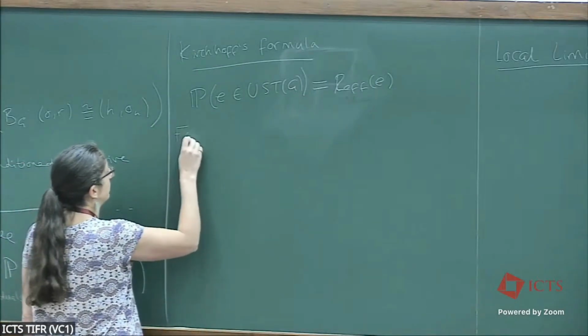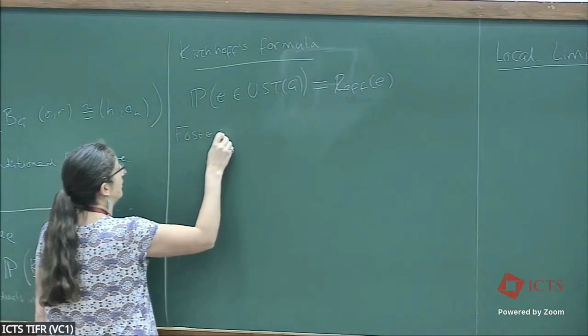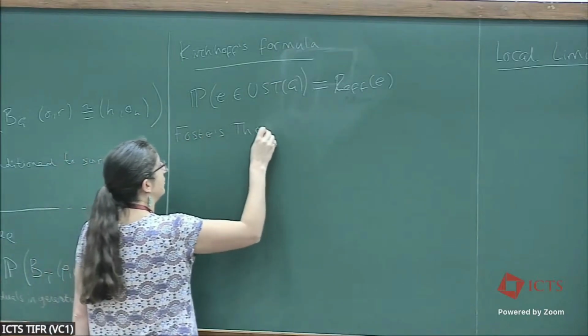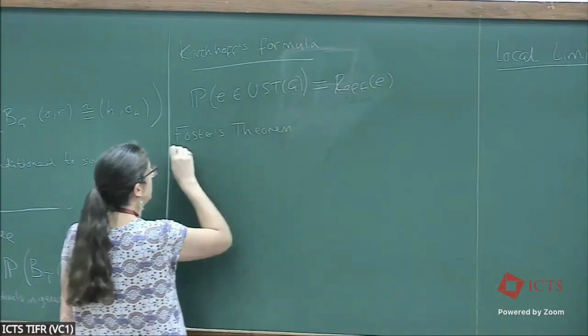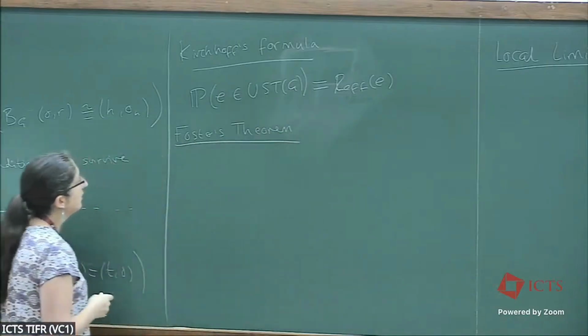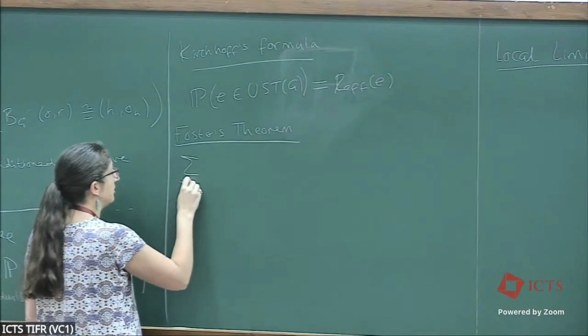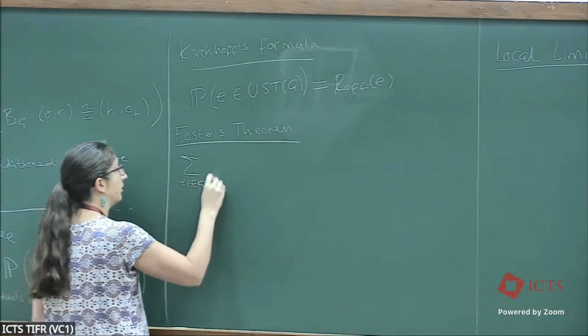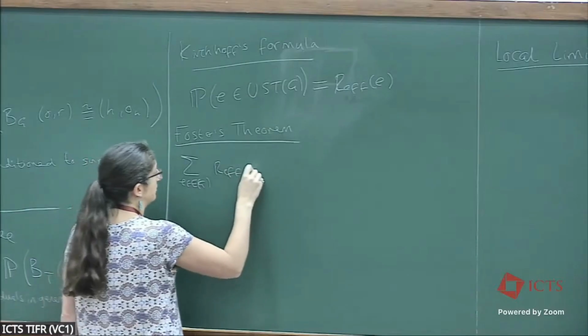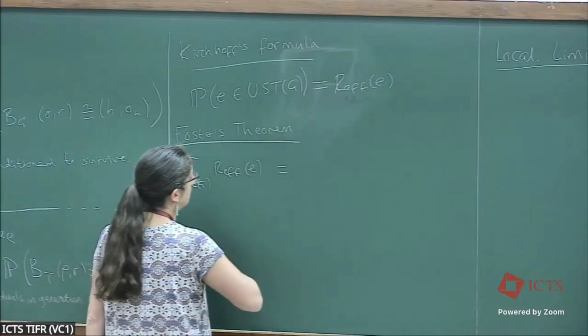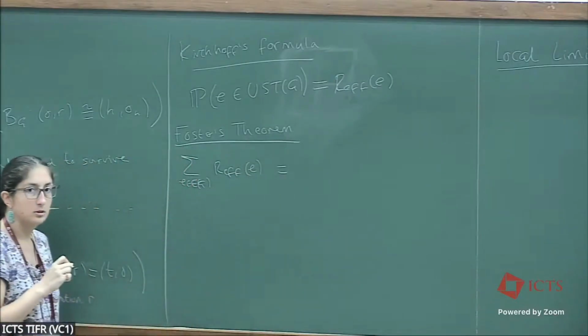Another thing we will use is Foster's theorem, which, if you know Kirchhoff's formula, is just an easy corollary, but otherwise seems a bit mysterious. It tells us that if I sum over all edges in a graph the effective resistance of the edges, what should it be equal to?